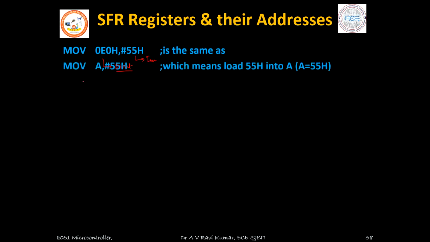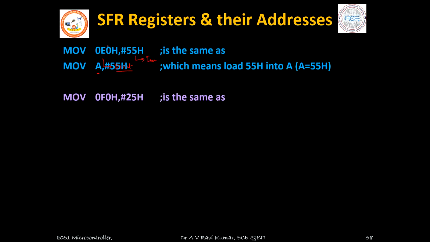Similarly, E0 is an address in the RAM area. It is the accumulator address, so the value is put directly into the accumulator through its address. So this is the direct addressing mode.